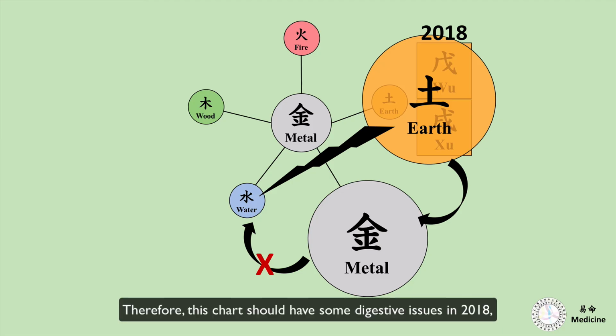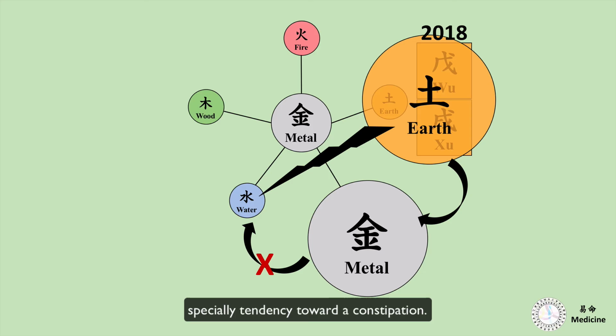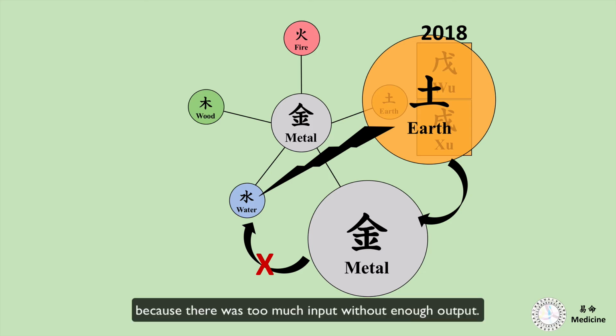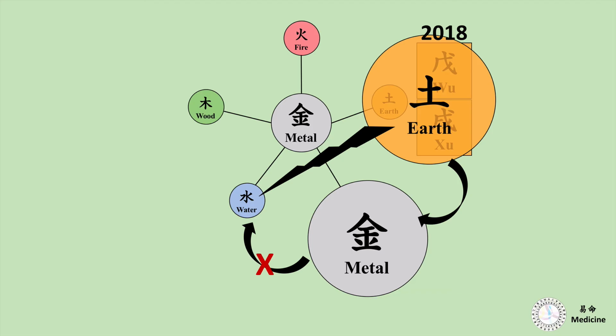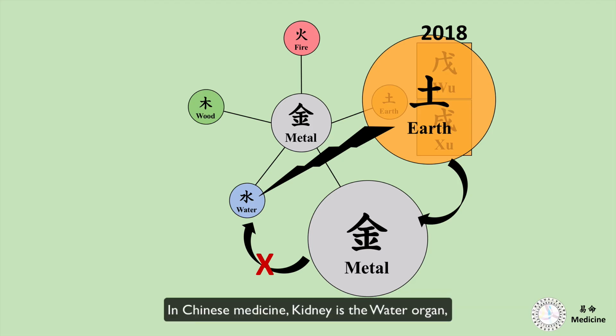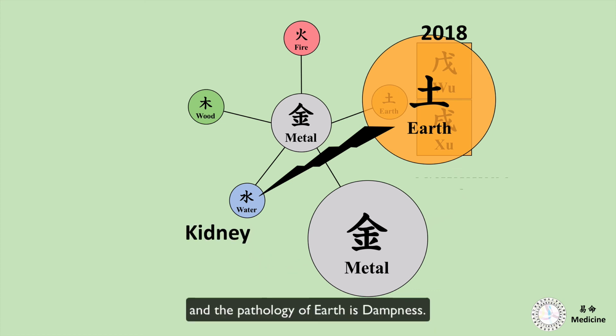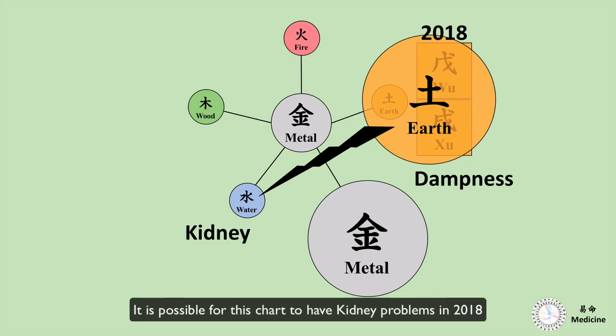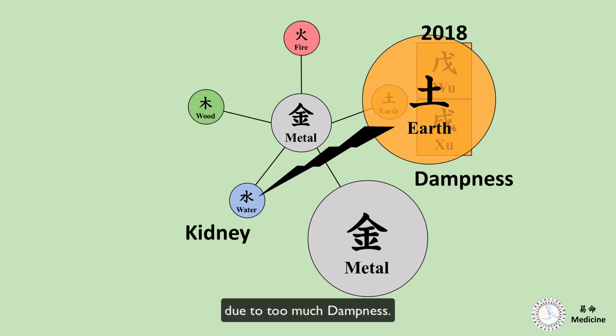Therefore, this chart should have some digestive issues in 2018, especially tendency towards a constipation because there was too much input without output. In Chinese medicine, kidney is the water organ and the pathology of earth is dampness. So it is possible for this chart to have kidney problems in 2018 due to too much dampness.